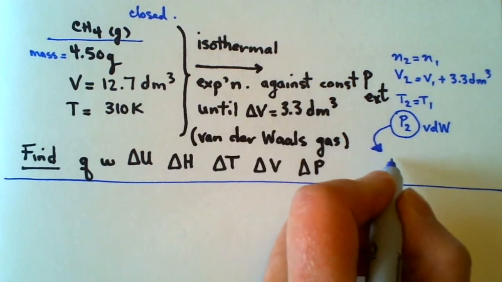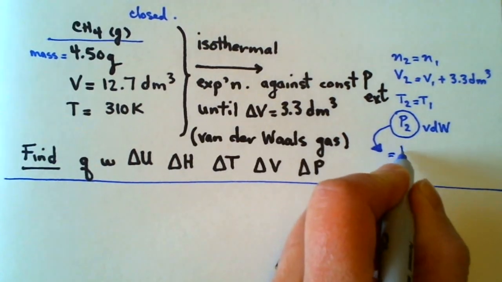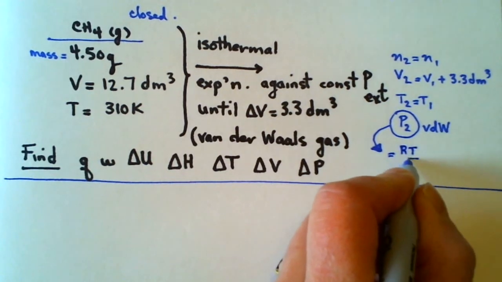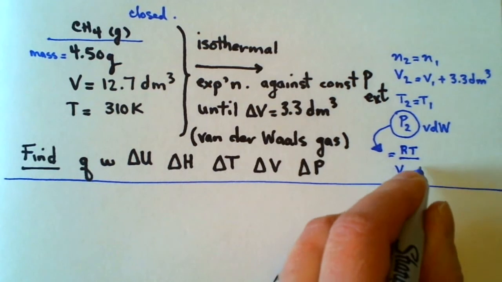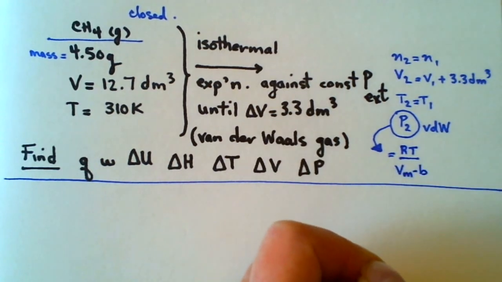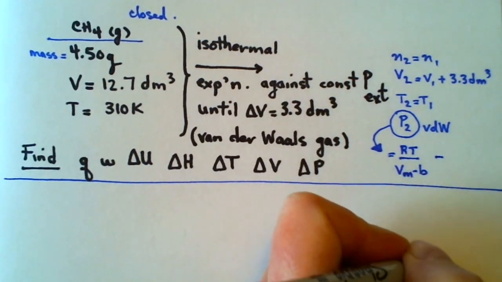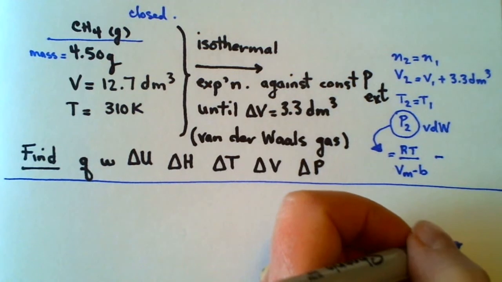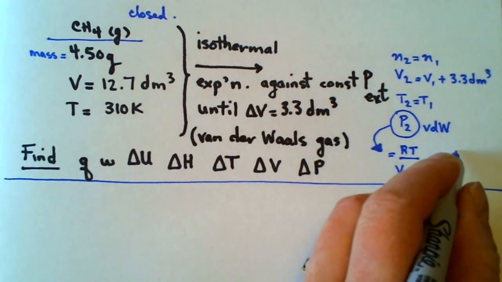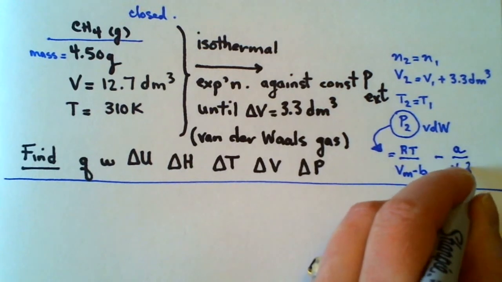And so P van der Waals is equal to RT over, remember the Vm is modified, and we take away from that and account for the attractive forces, and a good way to remember that was A for attractive forces, and that was A over Vm squared.